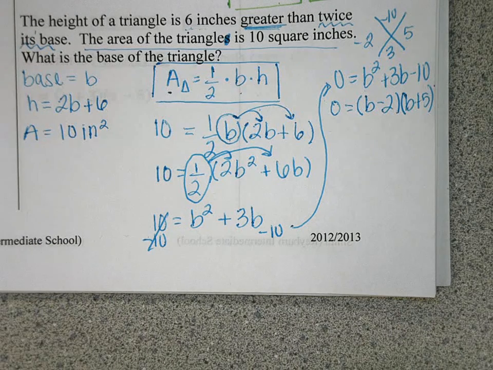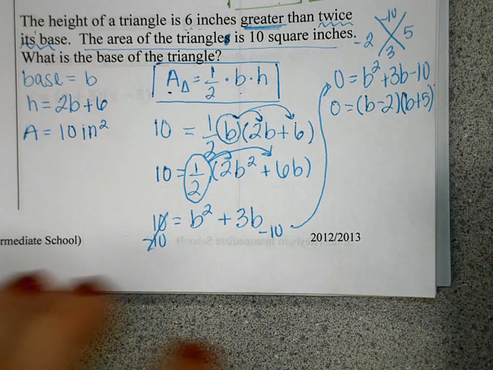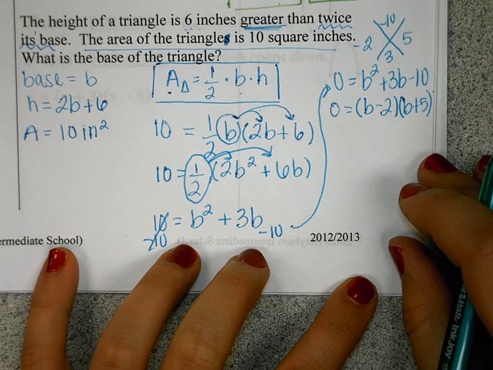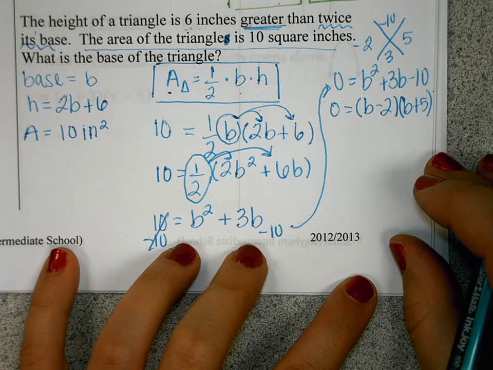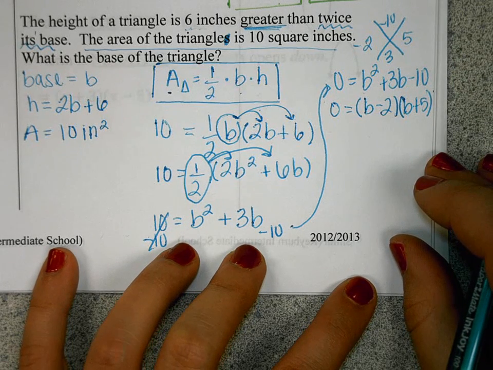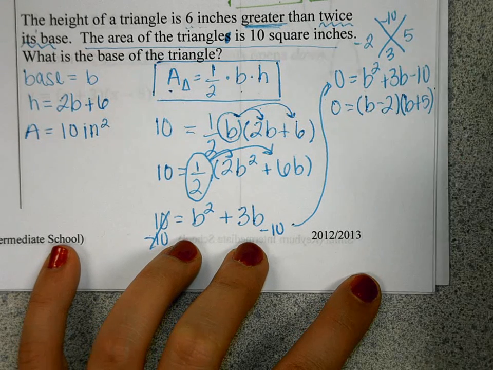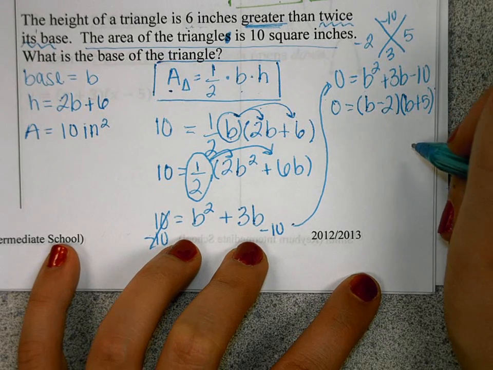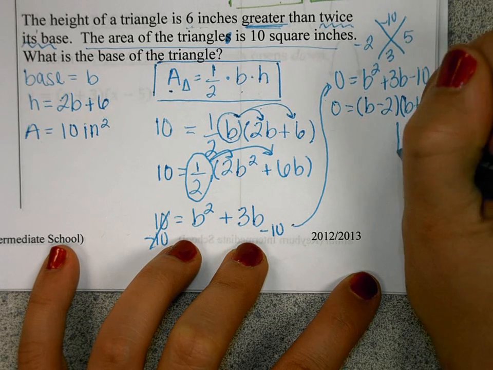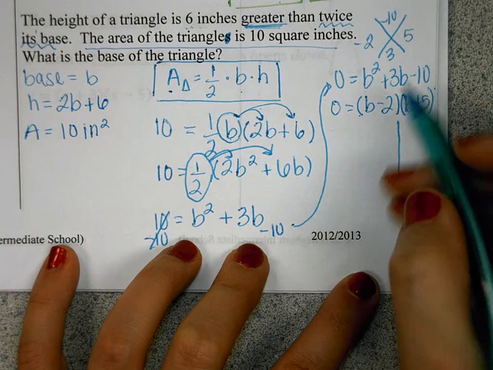Okay, last step. Okay, Chuyi, what would my last step be? Zero product property, which means I set each one of these equal to 0.